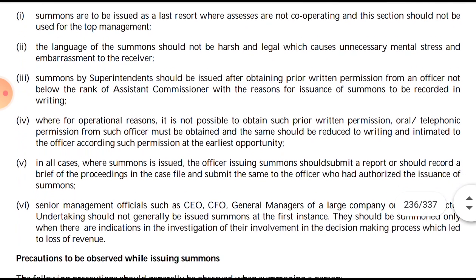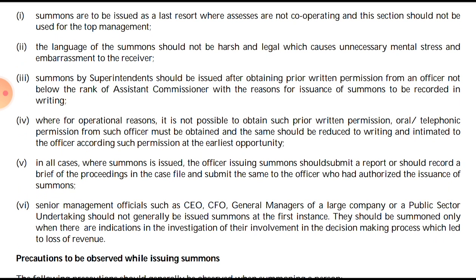Then the fifth point: in all cases where the summons is issued, the officer issuing the summons should record a brief of the proceedings in the case file and submit the same to the officer who had authorized the issuance of the summons. See, the summons has been issued, the person has come, the proceedings have been done, and he has obtained the evidence and documents asked for.